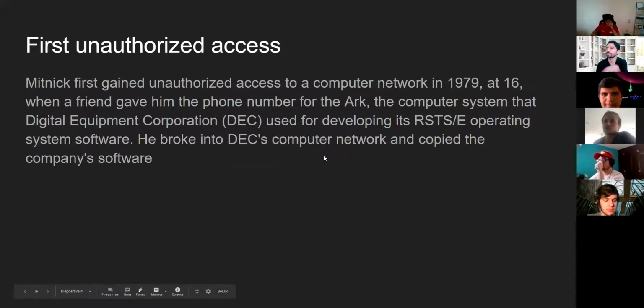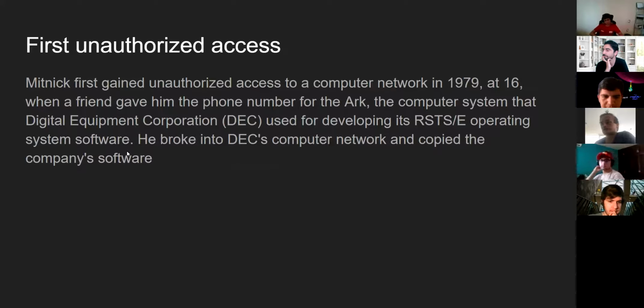Going back to Kevin Mitnick, his first hack was gaining unauthorized access to a computer in 1979. He was barely 16, just by having the phone number of a company called ARC, which made computer equipment. He gained access and copied all the company software, and he didn't use it badly, but he had all the software of a company who made billions of dollars.